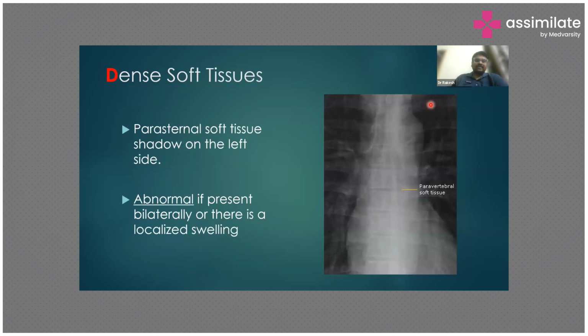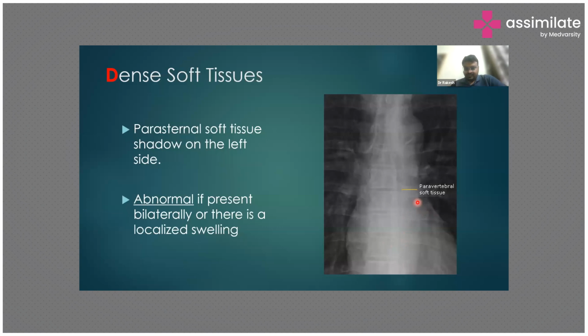Dense soft tissues: parasternal soft tissue shadow on the left side. So if you see the upper thoracic vertebra, there will be a parasternal soft tissue shadow on the left side. So this is what we are talking about. This soft tissue shadow on the left is because of the pleural thickening. So on the left lung, the pleural edge, you can see this.